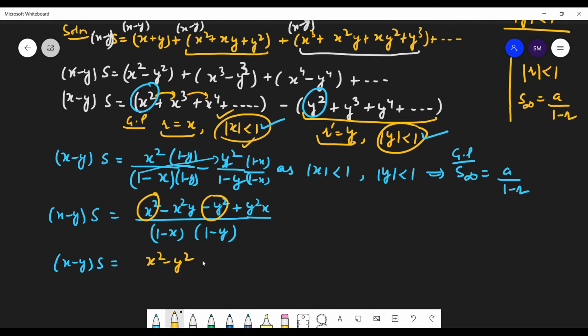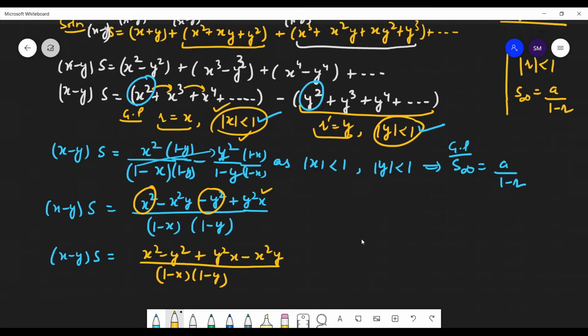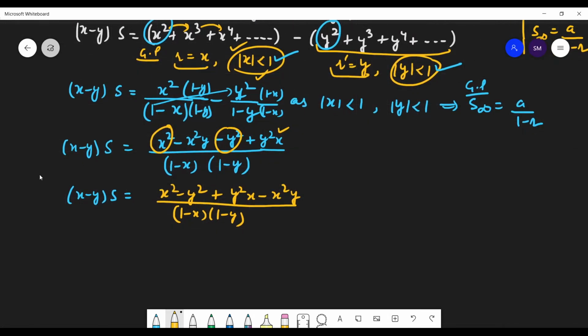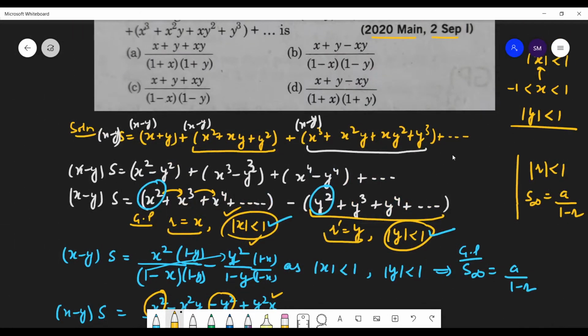And then you have y square x minus x square y divided by 1 minus x into 1 minus y. So you have rearranged these terms because I can see that this is going to be cancelled out. Yes. Because what do you have in your answer options? Out of these options, which one is correct?